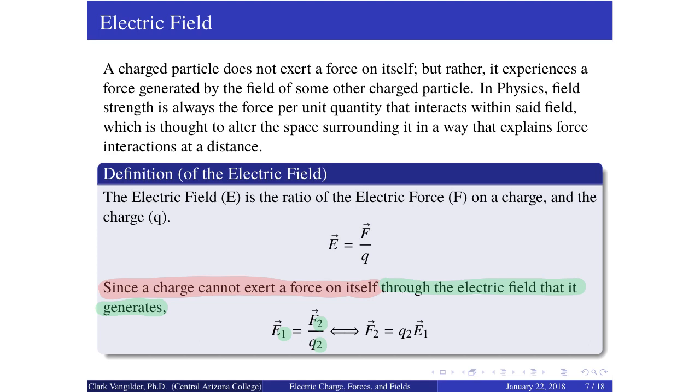This is a subtle idea, and which way to look at it makes more sense is going to be up to you. But the force on charge 2, that's what I'm saying here, is due to the magnitude of charge 2 and the electric field that's due to some other charge, namely charge 1.